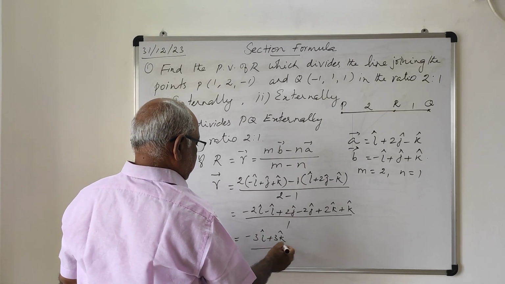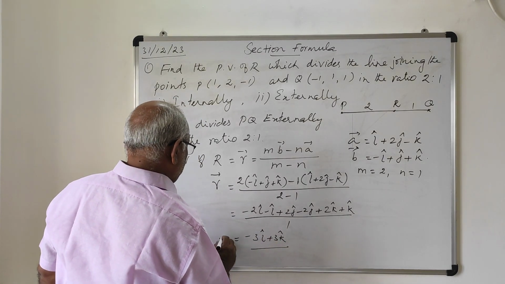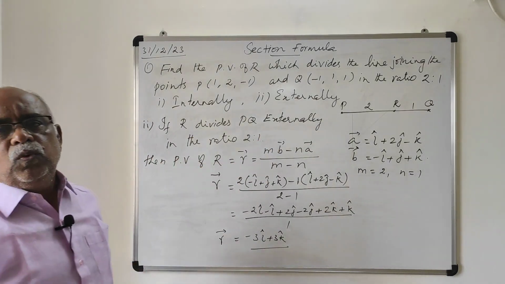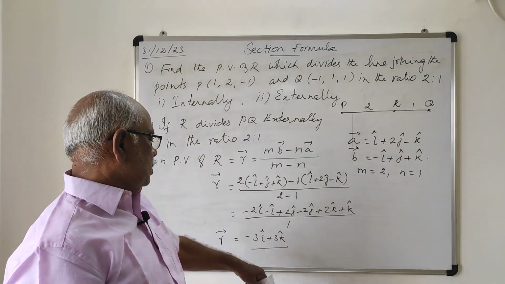So minus 3i plus 3k is the position vector of the point R if it divides the line PQ externally in the ratio 2:1.